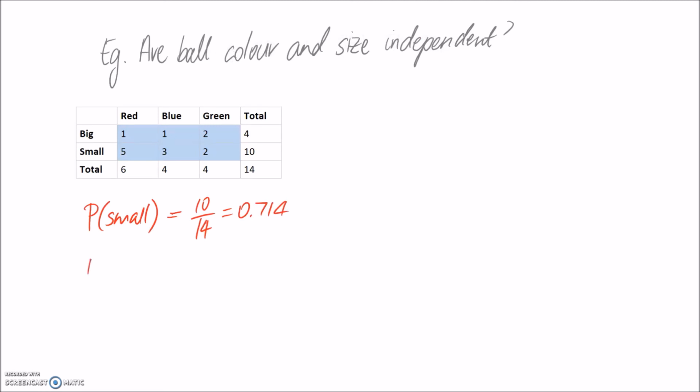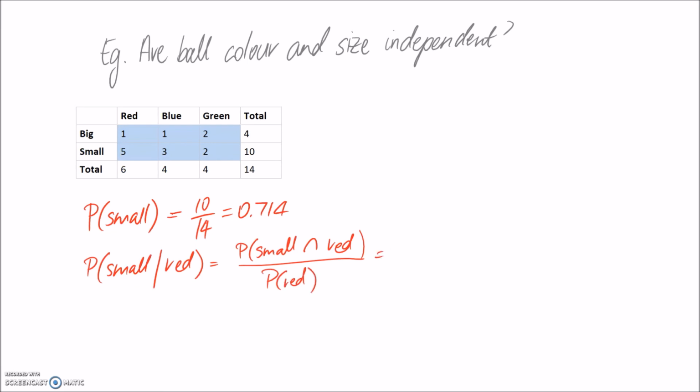Remember that if we're looking at this dependence, we need to look at the conditional probability. So I want the probability of my ball being small conditional on the different colors. If we start with red, we should be able to work this out. Remember that you can write it with the other notation, where it's the probability of being small and red, where we use the little intersection symbol, divided by the probability of it just being red. So small and red, the intersect, is the 5, divided by the total of 14.